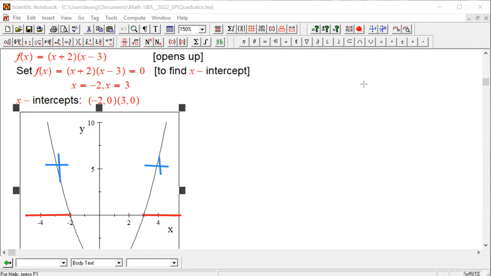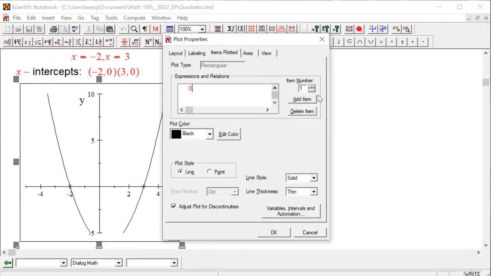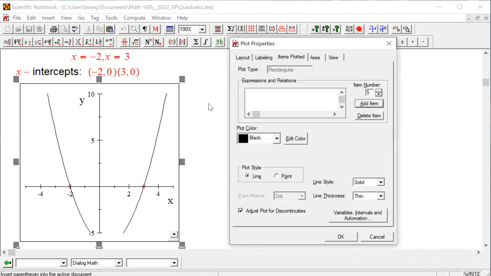So this is the method we talked about in the quadratic function lesson, and here we just bring it up again. This method is very visual. Please allow me to draw those red lines, which you're pretty familiar with.